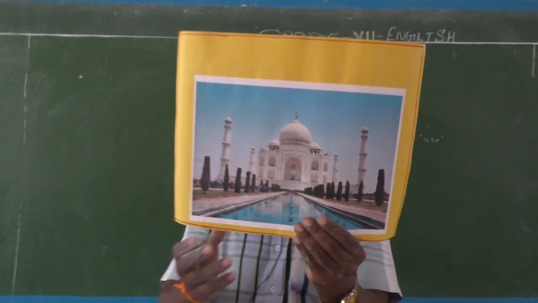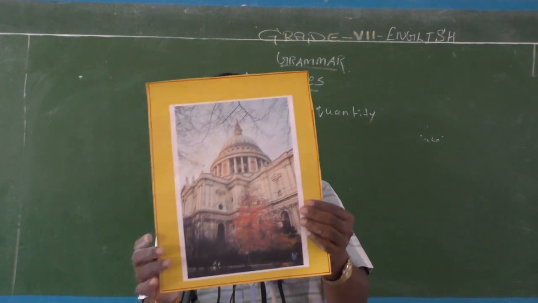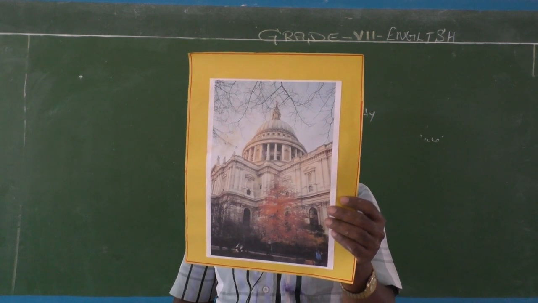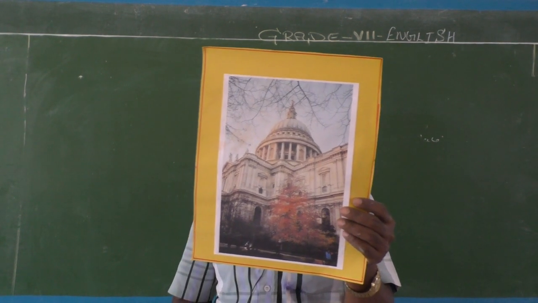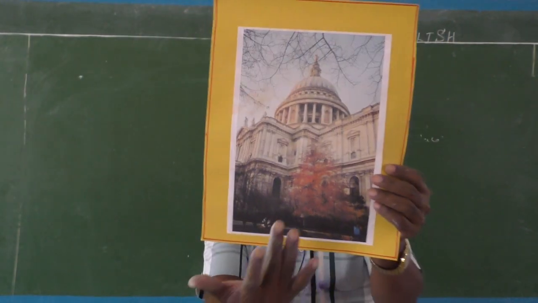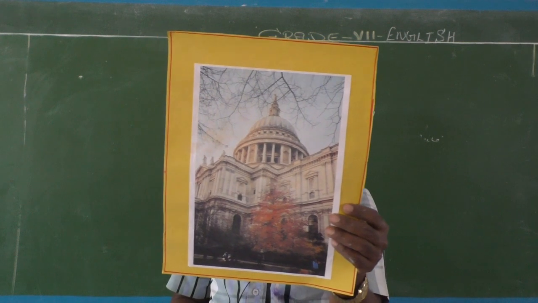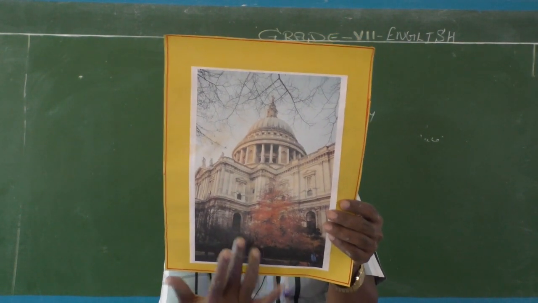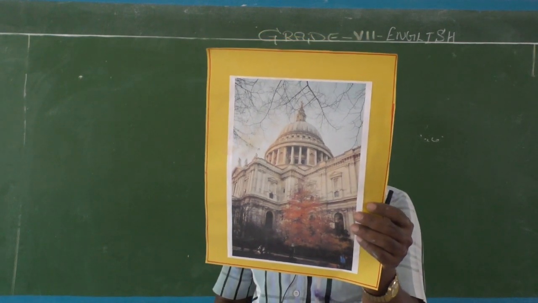Okay, I will show you another picture. See, this is a picture of a palace. This is an old palace. So the word old is an adjective. It describes the quality of that building. It's an old building.